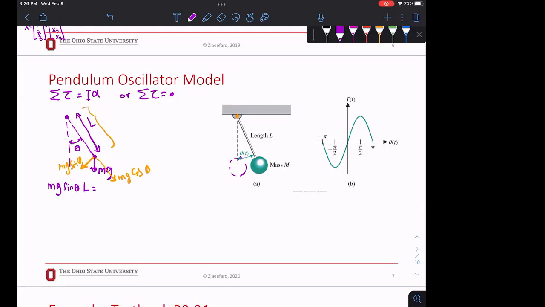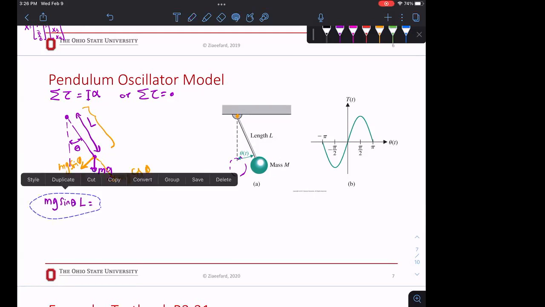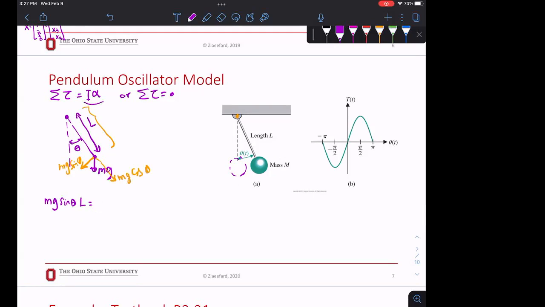That's the only torque we have, equal to the moment of inertia, right? So I times theta double dot. What is I for a rod with a mass at the end of it? You have to remember this.